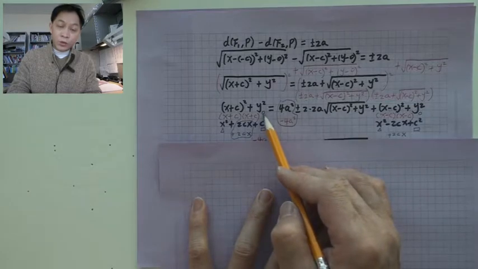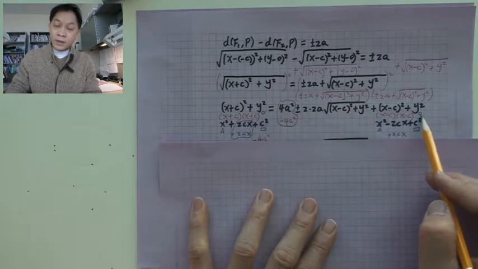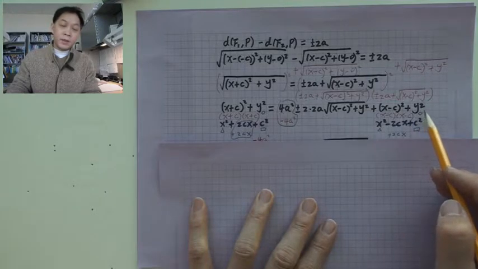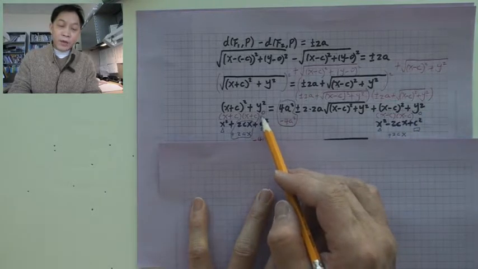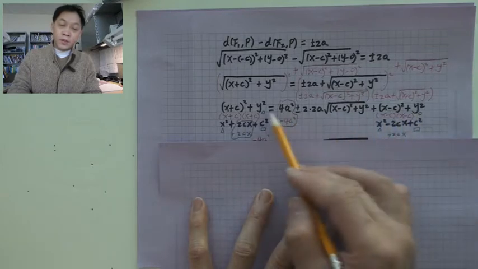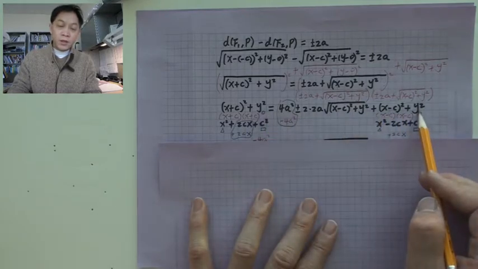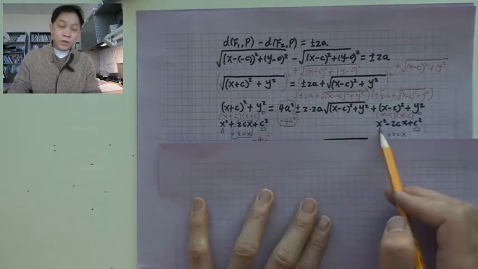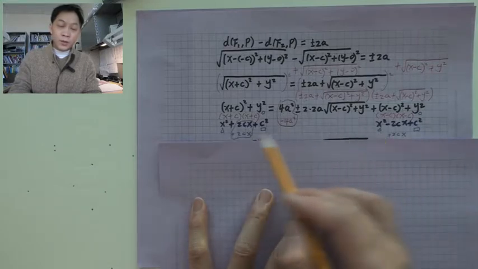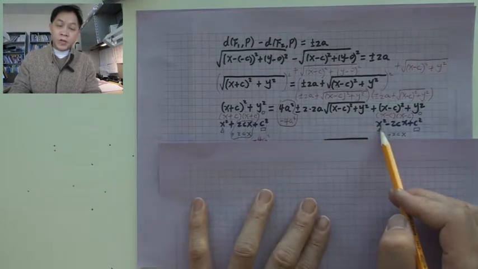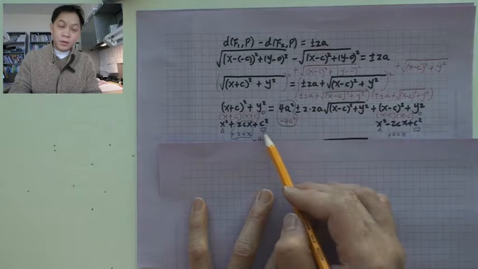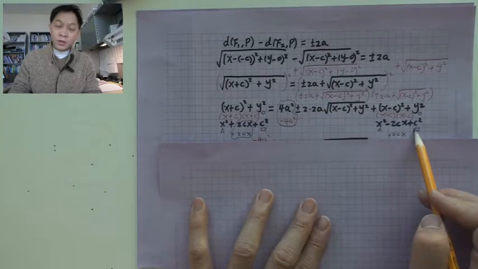The left-hand side has y squared, the right-hand side has y squared. So if both sides subtract y squared, these two will disappear. Both sides subtract x squared, these two will disappear. Both sides subtract c squared, the c squared will disappear.